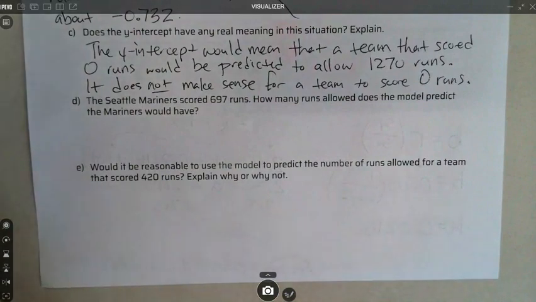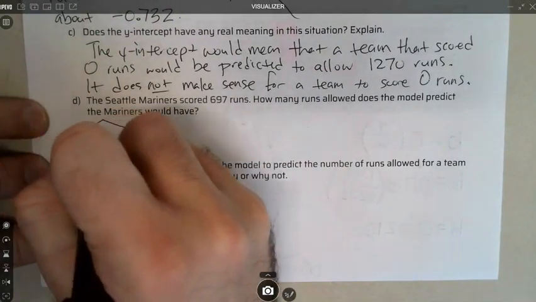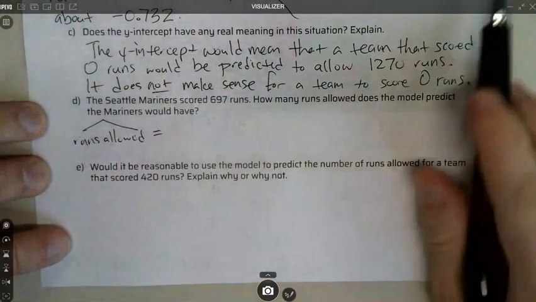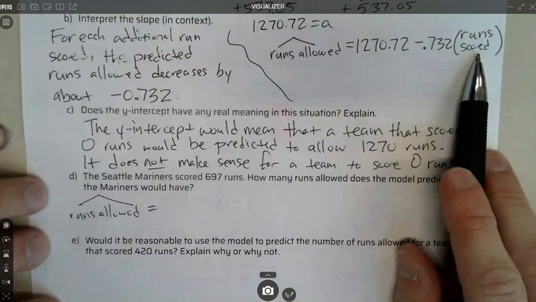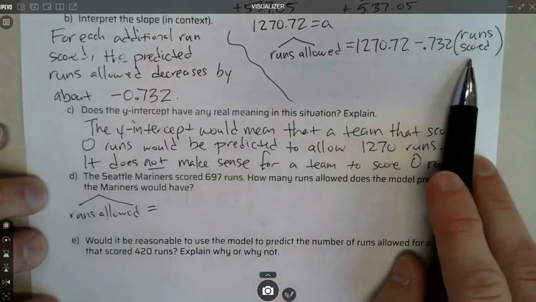So for D, the Seattle Mariners scored 697 runs. How many runs allowed does the model predict that the Mariners would have? All right, well, let's go ahead and substitute that in. So our equation, runs scored, we're just taking that 697, and that's being substituted in here for runs scored.